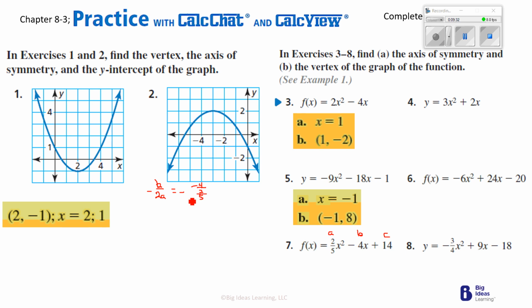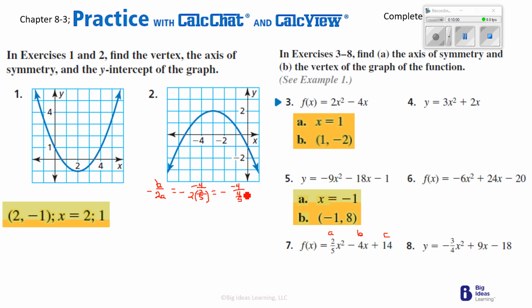And 2 over 5 is going to get multiplied to 2. All right, so when we work this, we know that this is going to equal, well, a negative 4, or, yeah, minus again, don't forget that. We're going to have negative 4, and we're going to put that over, well, 2 times 2 is 4, so this would be 4 over 5.